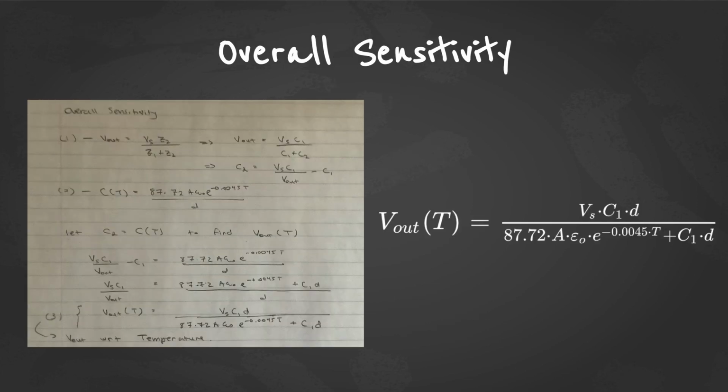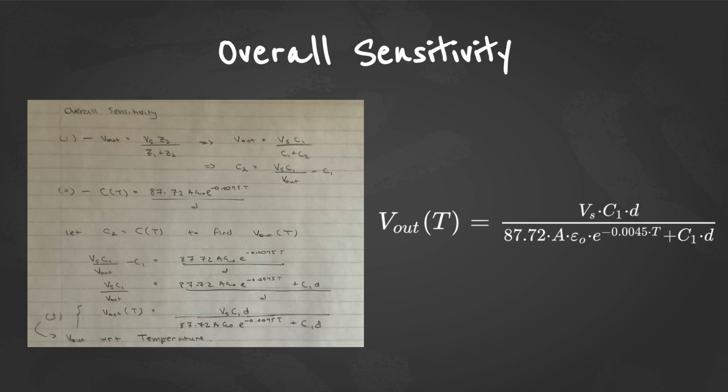We want to consider the overall sensitivity of our setup. As you can see on our paper, we have two very important equations. From our voltage divider, we know our V out is equal to Vs times Z2 over Z1 plus Z2. Through our entire process, we also found V out with respect to capacitance, which is equal to Vs times C1 over C1 plus C2, and rearranging this equation, we get that C2 is equal to Vs times C1 over V out minus C1.